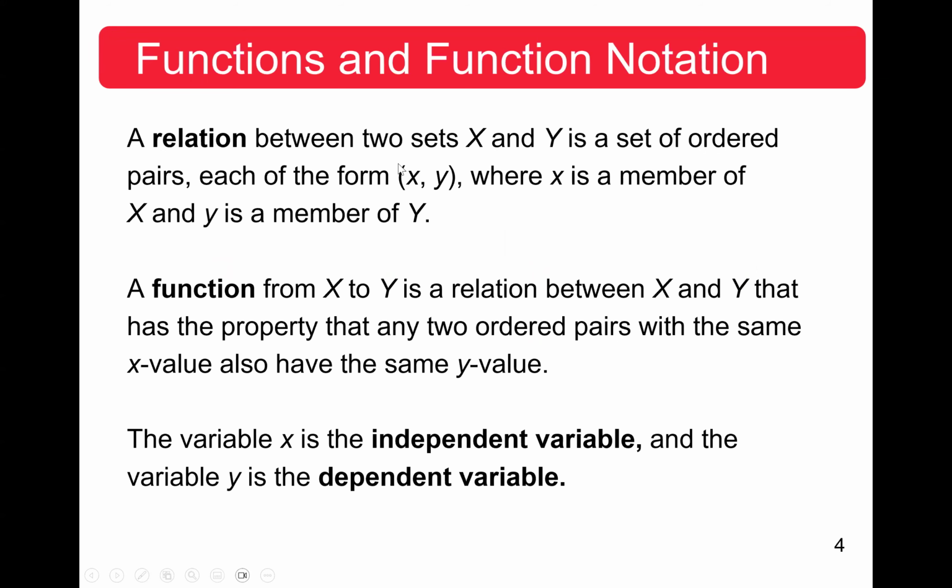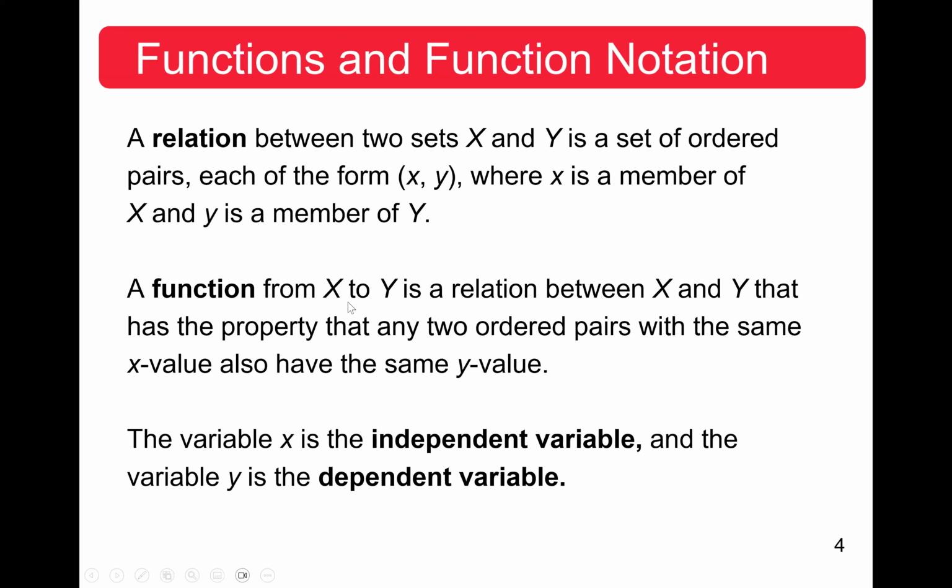So a relation between two sets, uppercase X and Y, is a set of ordered pairs, each of the form lowercase x and y. And lowercase x will be a member of the uppercase X set, and lowercase y is a member of the uppercase Y set.